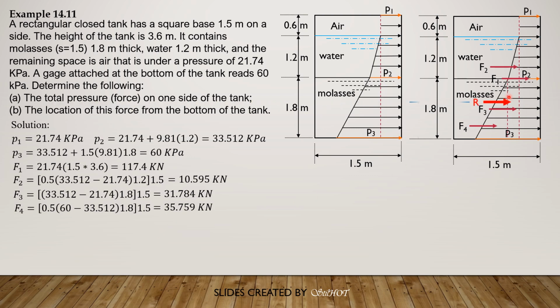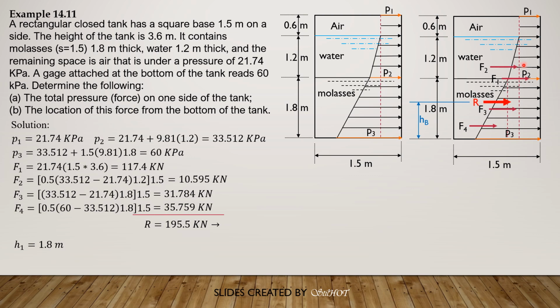It is somewhere there. Its location from the bottom is called H sub B. Then H sub 1 is, because this is rectangular, half of 3.6, which is 1.8. By the way, R is equal to the sum of these forces. It is equal to 195.5 kilonewtons rightward, perpendicular to that area on the right side. Then H1 is 1.8.